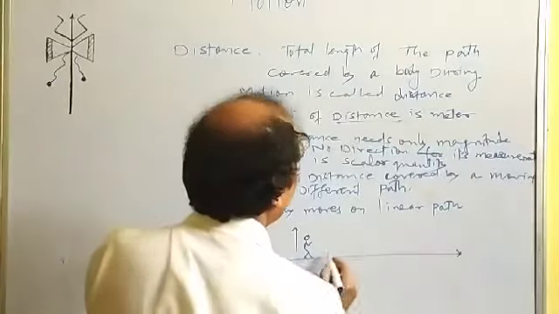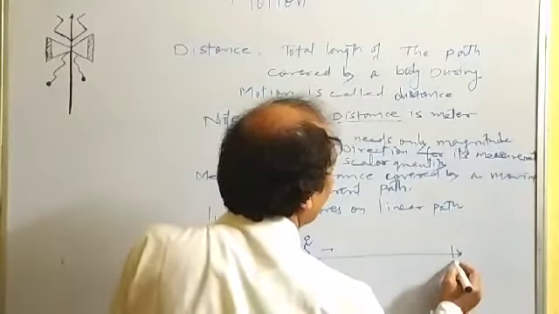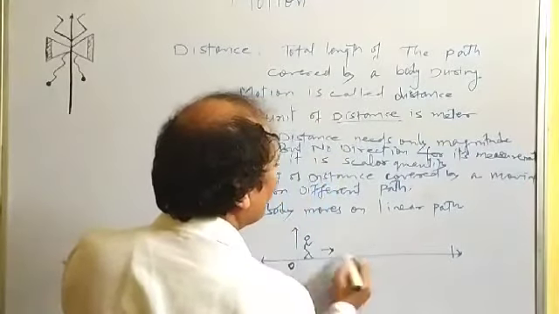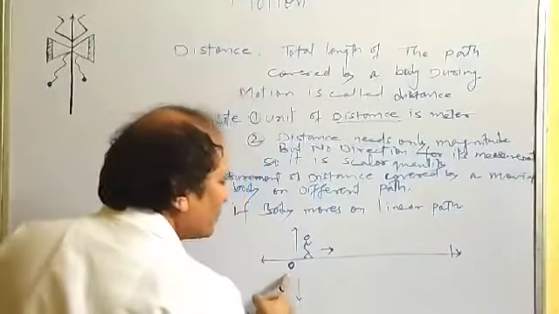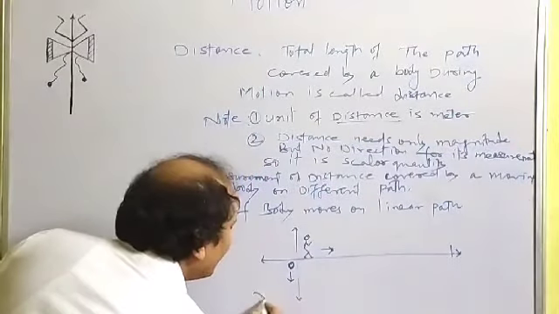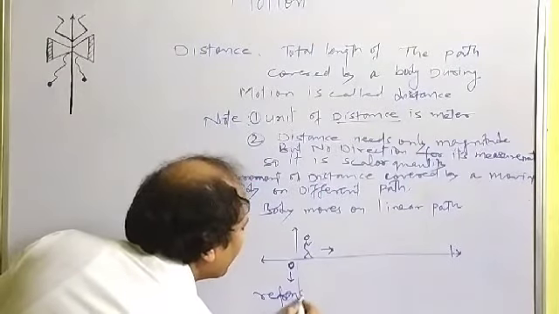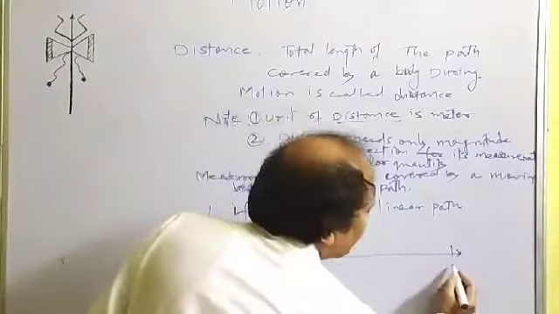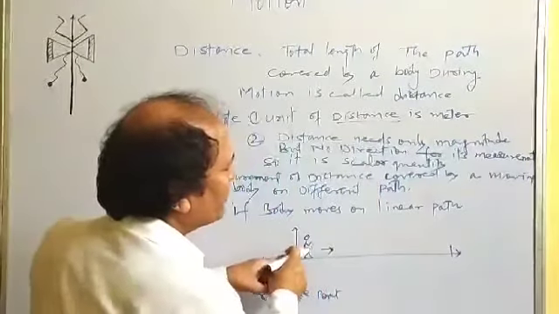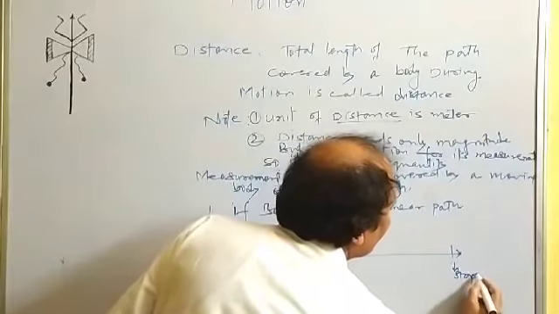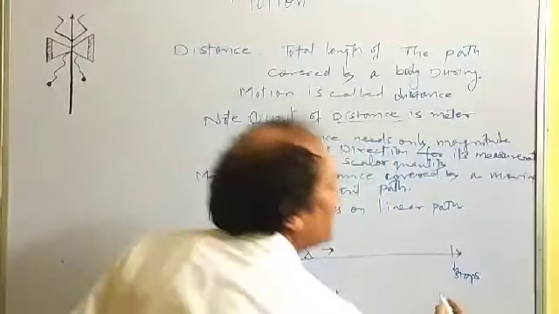The person goes from here to here. The origin is otherwise called the reference point. Now the person goes from here to here and stops. So this point is the station point.